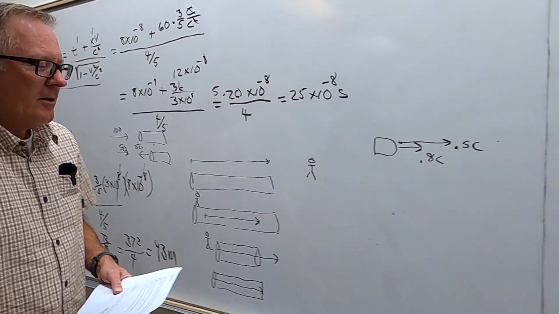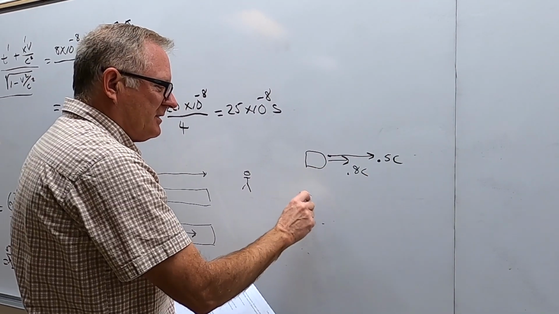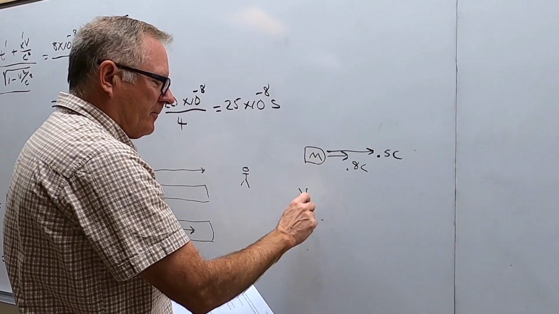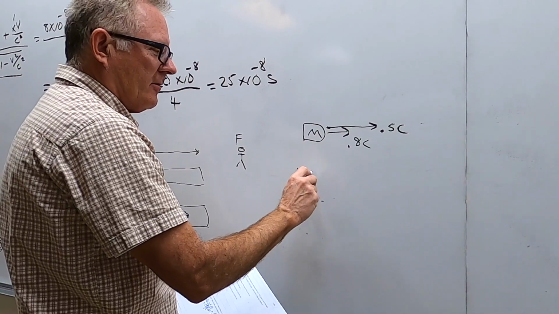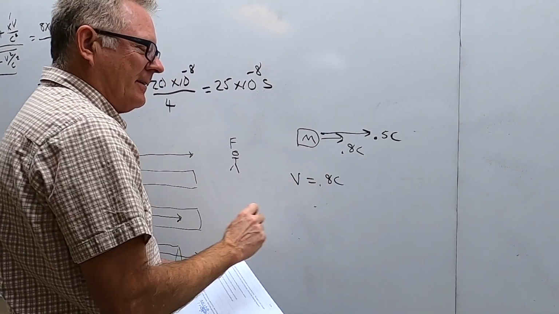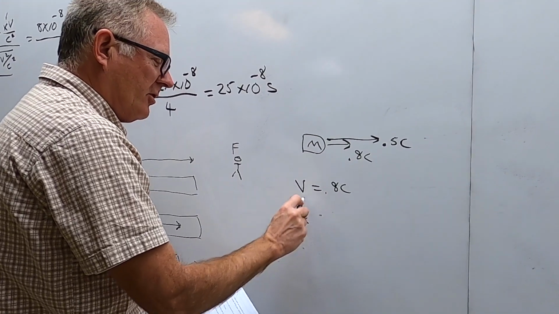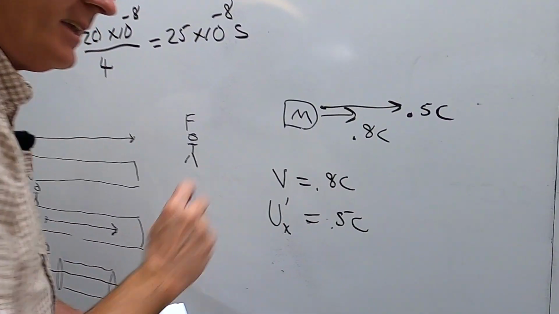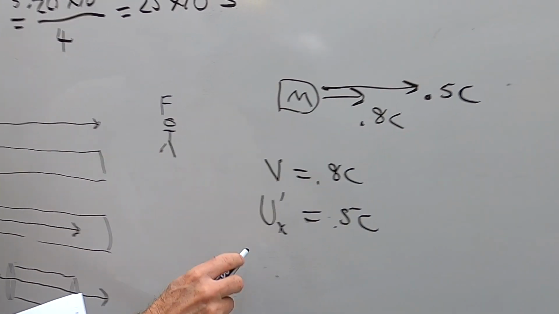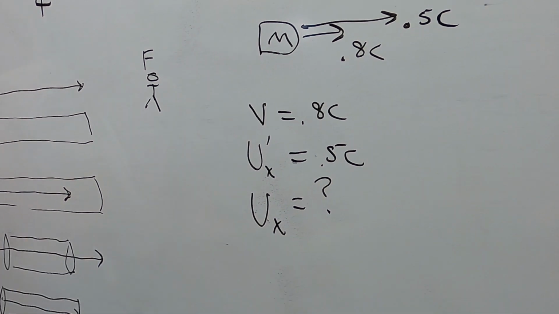So this is just my Mary. This is Mary in here, and her velocity relative to Frank, there's Frank, is 0.8c. She throws something in the x direction, which is her ux prime, 0.5c. And we want to know, what does Frank see? Ux equals, that's what we want.